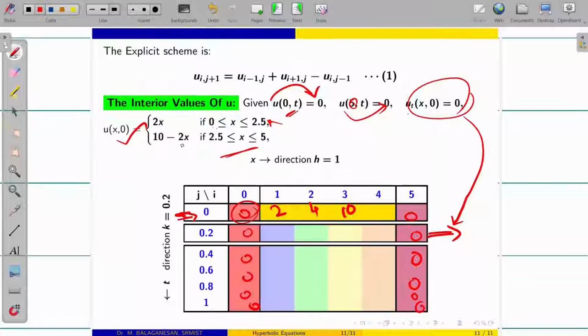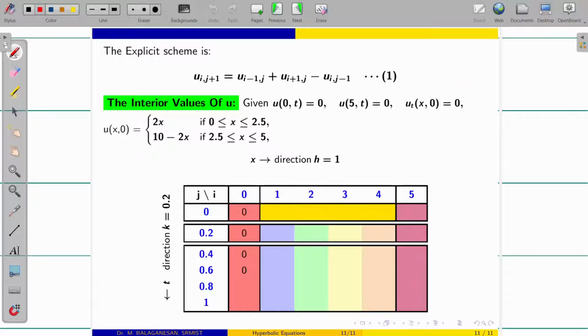Giving x equal to 4 here, 10 minus 8, what will be? It will be 2. X equal to 5: give it, 5 into 2 is 10, minus 10, 0. So the common value should coincide. That's it. We found the boundary values.